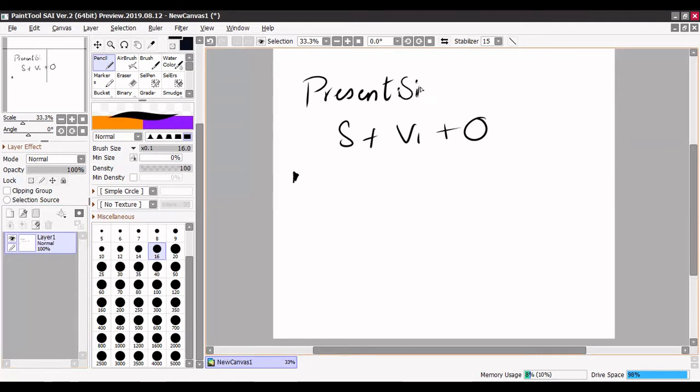In passive voice, it becomes subject plus is, am, are, plus third form of verb plus object. So the object becomes the subject. There's a shift.